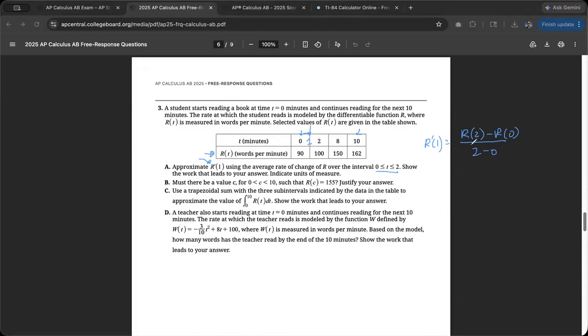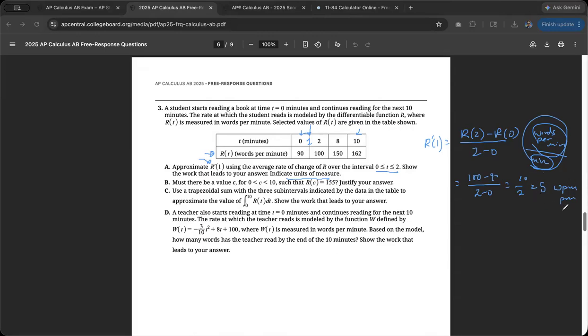In this situation, we also have words per minute over minutes, so that's words per minute per minute. That gives us 100 minus 90 over 2 minus 0, which is 10 over 2, which is 5. 5 words per minute per minute.